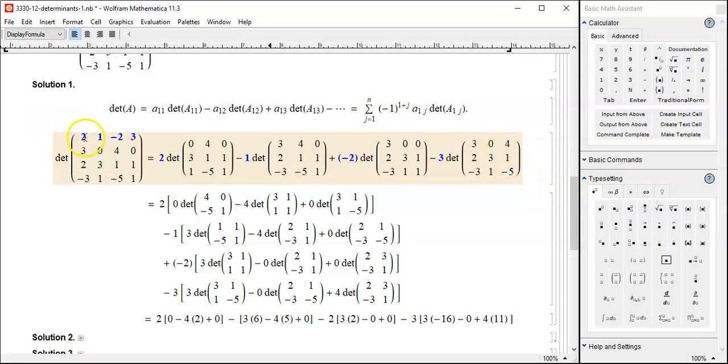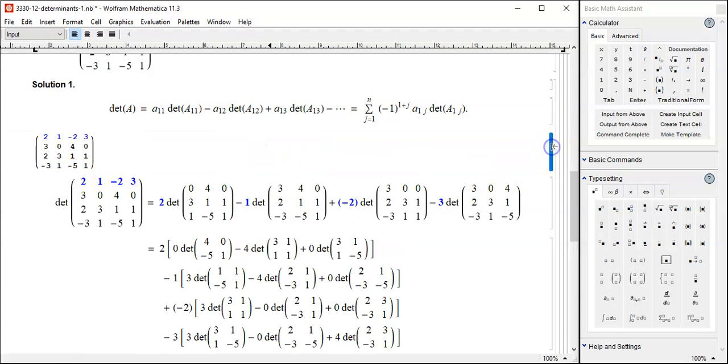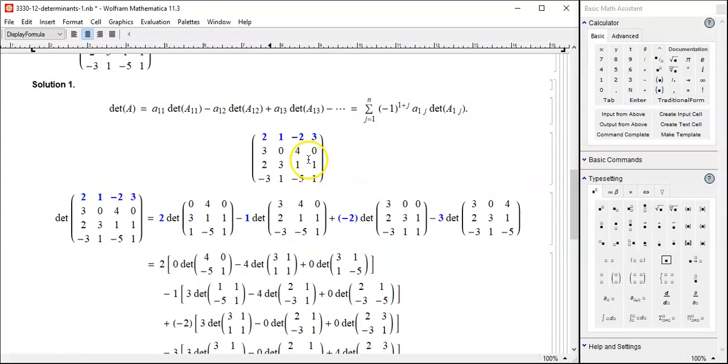Now the deleted matrix. From here, with the first row and first column out, what's left is this deleted matrix. That's the first. How about the second deleted matrix? Second column and first row out.